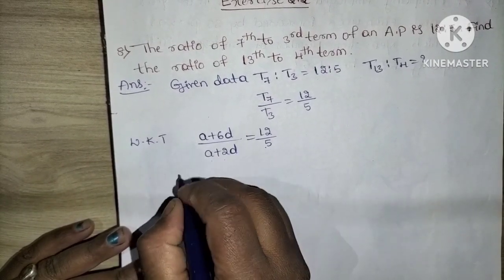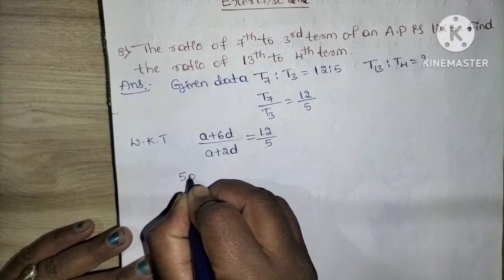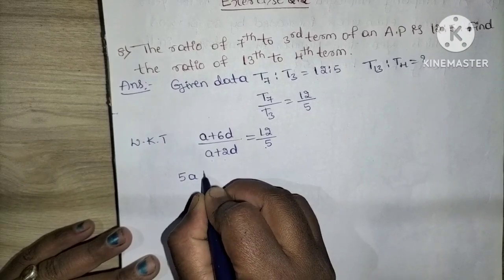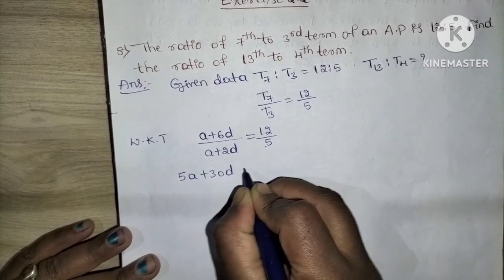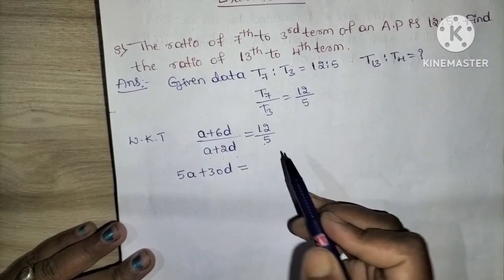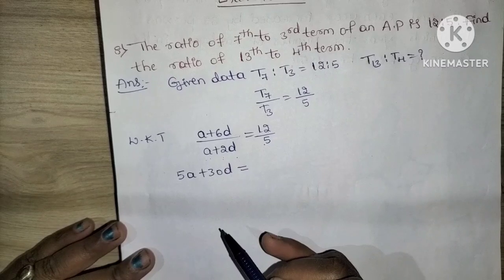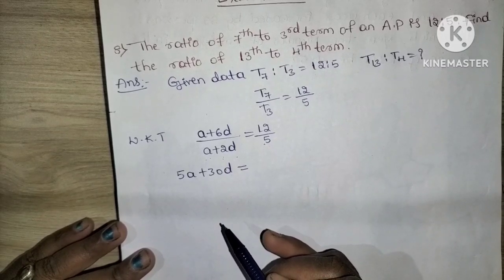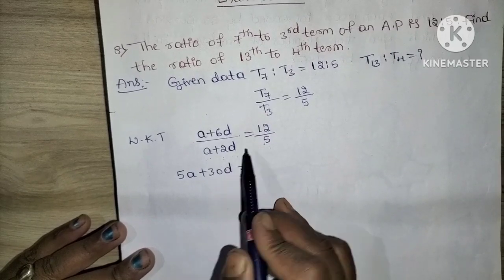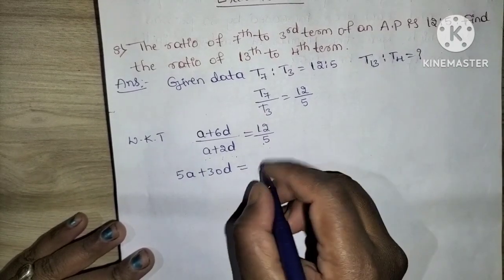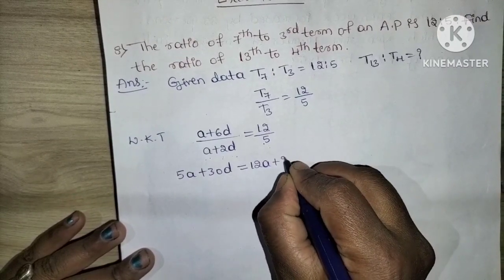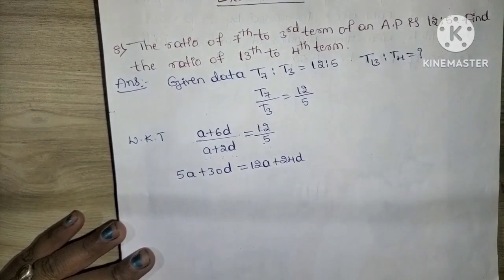We have to multiply a plus 6d into 5. So 5 into a is 5a, plus 6 fives are 30d, is equal to, again multiplying a plus 2d into 12, 12 into a is 12a, plus 12 twos are 24d.